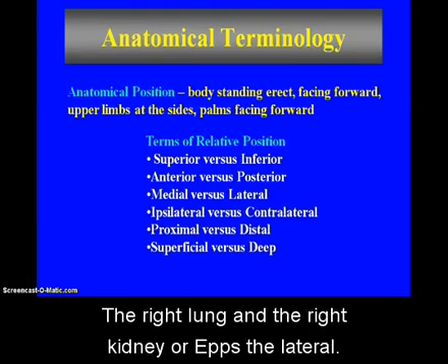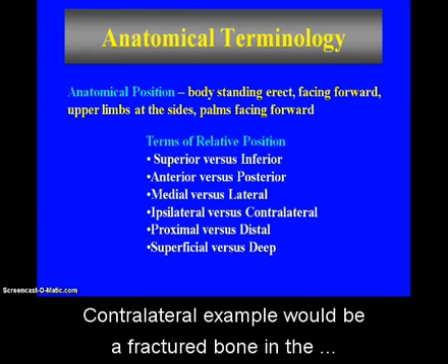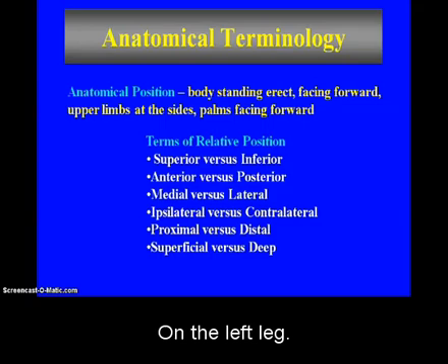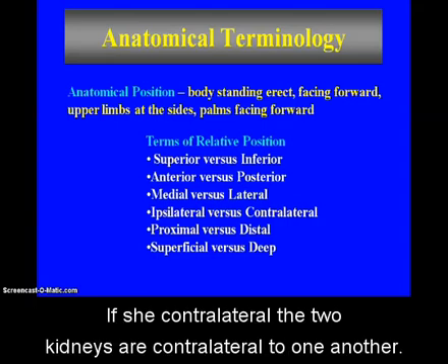The right lung and the right kidney are ipsilateral. Contralateral example would be a fractured bone in the right leg would have to bear weight on the left leg. It's an example that your book gives you. Contralateral, the two kidneys are contralateral to one another.